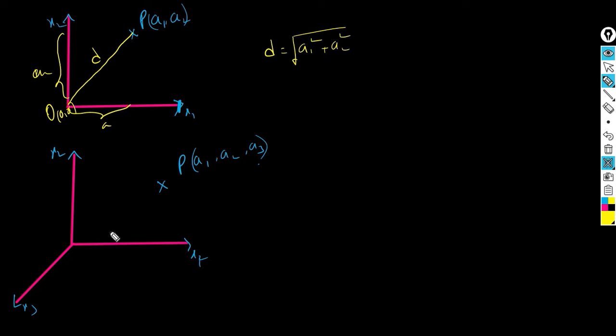Similarly, for this one, this is the distance from the point to the origin. Okay, this is the distance. The component values are a1, a2, and a3. Now distance equal to a1, x component square, y component square, and z component square.